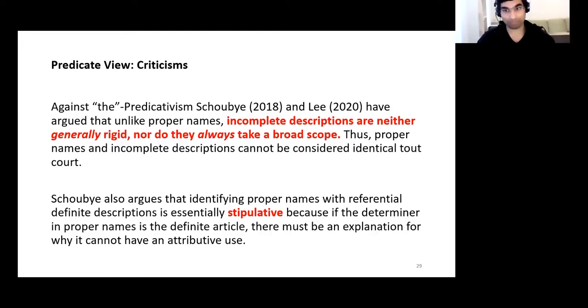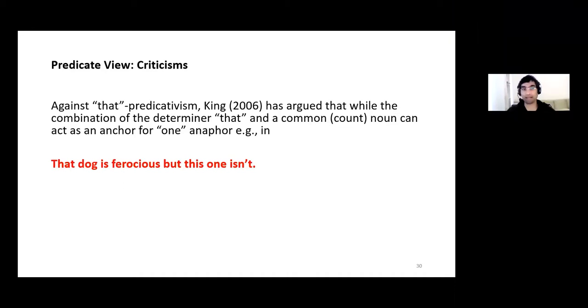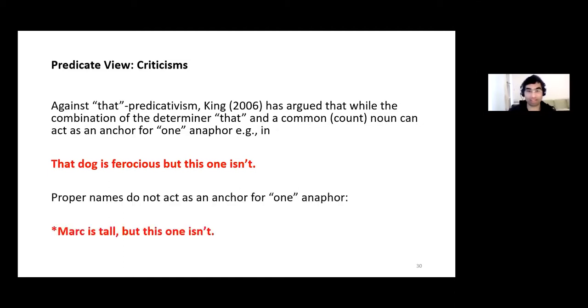And against predicativism, Jeffrey King has argued that while that can act as a semantic profile, the sentence "Mark is tall, but this one isn't" is infelicitous, it is marked.